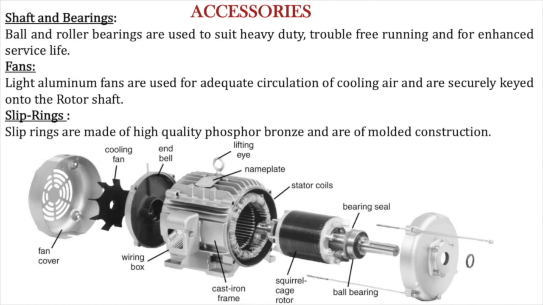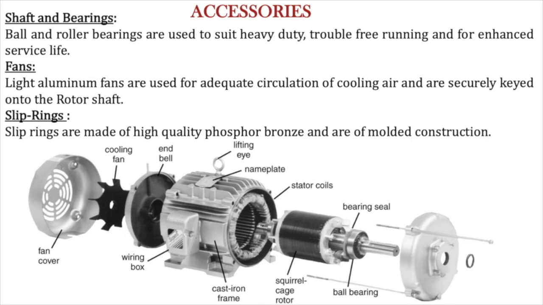Now in the figure you see the open parts of the induction motor from one end to the other. On one end we have the fan cover, then the cooling fan, the end bell, the terminal box or wiring box, then the cast iron frame, and on the frame the name plate which specifies the voltage and current rating of the motor, plus the class of insulation and the frame size.